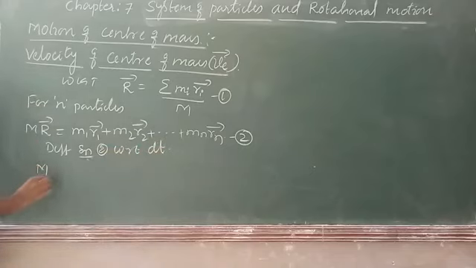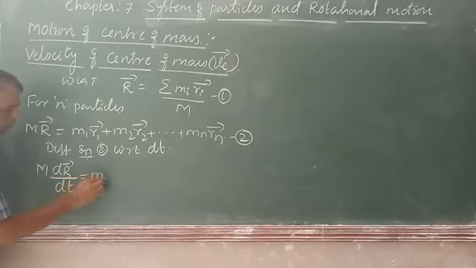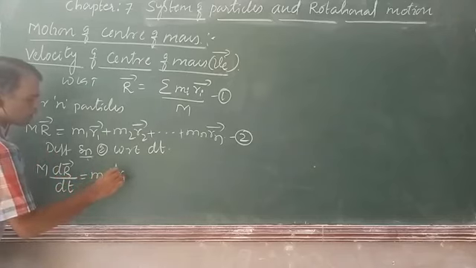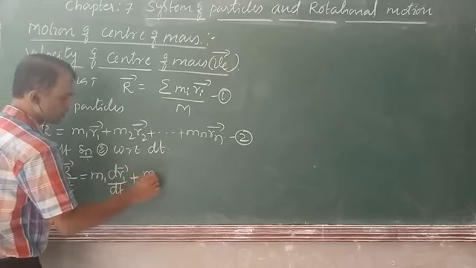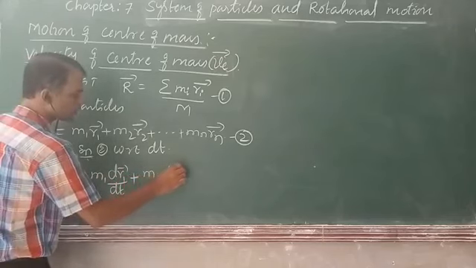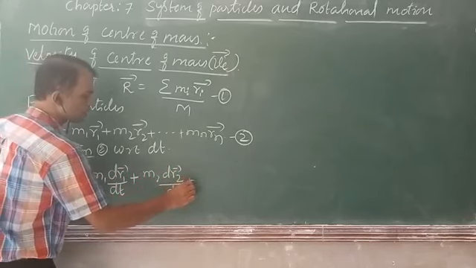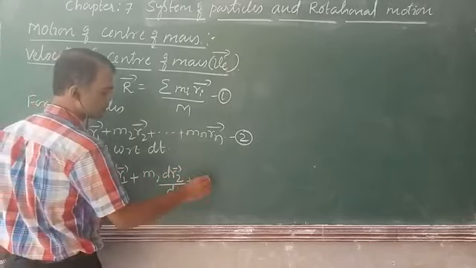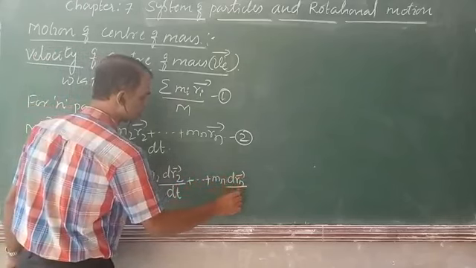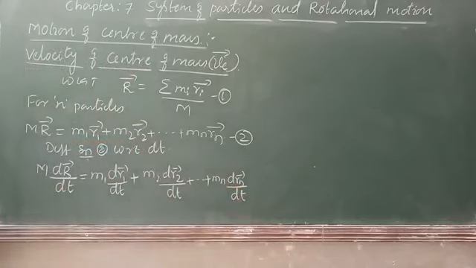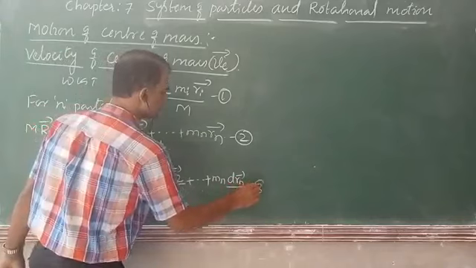Mass is constant here, so M into dr divided by dt is equal to m1 into dr1 vector divided by dt plus m2 into dr2 vector divided by dt plus so on plus the last term mn into drn vector divided by dt. I will call this equation 3.